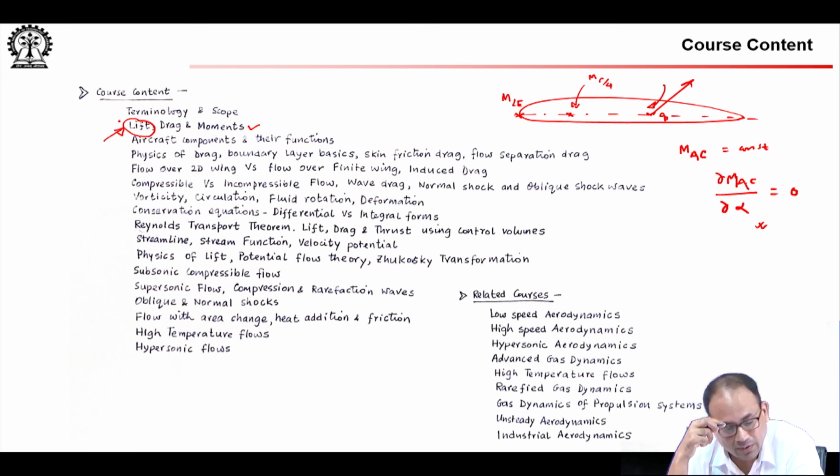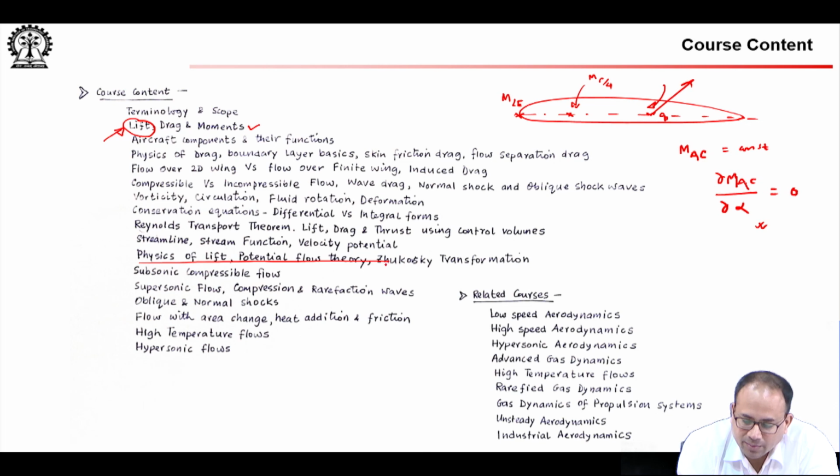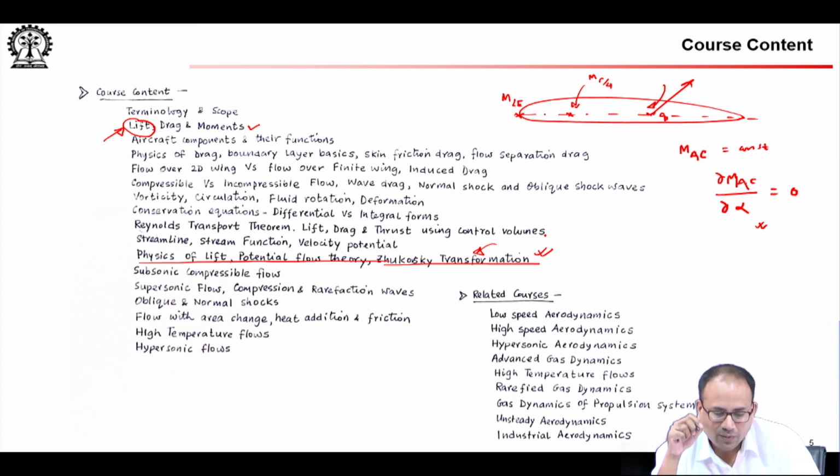But I have pushed that a little later in the semester, because it has a little bit of complicated mathematics, and some students feel they lose their interest in aerodynamics when they see the rigor of the Zhukovsky transformation. But again, I will try to introduce these things to you in an easy to understand way, I guess. So, lift, drag and moments, aircraft components and their functions.